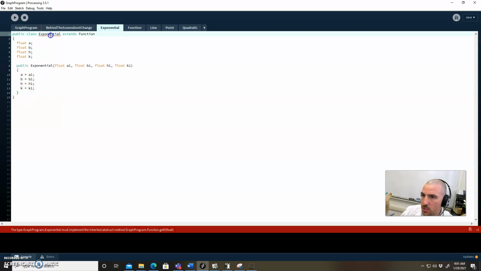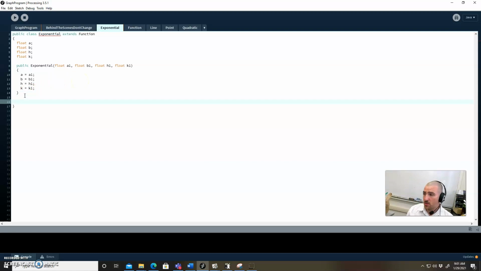Now the reason this one is not compiling is we didn't implement the inherited abstract method getY. So if we're calling an exponential a function, which it is, then our abstract class says, well, you should be able to implement a getY method.